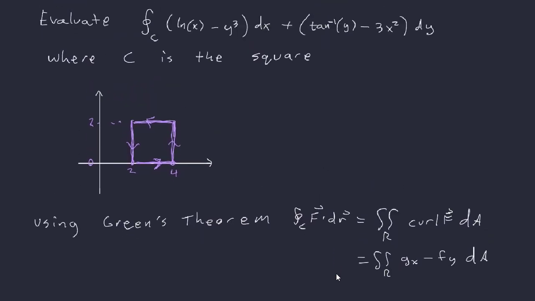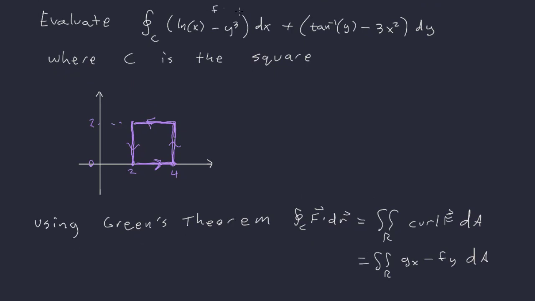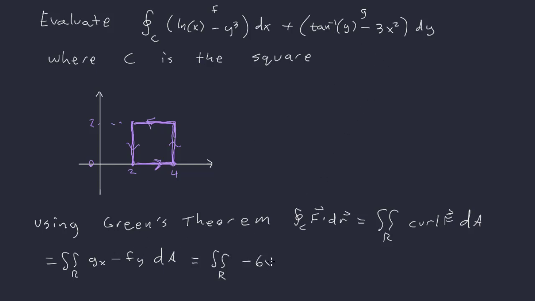If this is my little f and this is my little g, then g sub x, well, this is a y thing, so that whole thing disappears. So g sub x will just be negative 6x, and then minus f sub y, that will be minus a negative 3y squared dA.